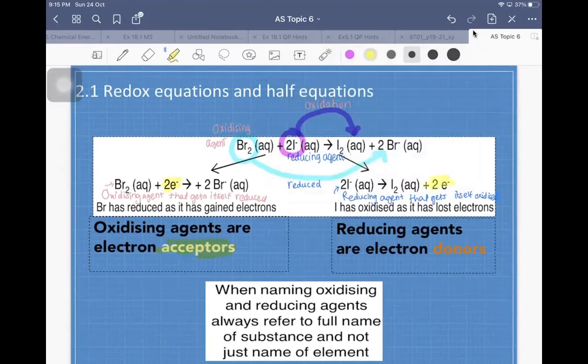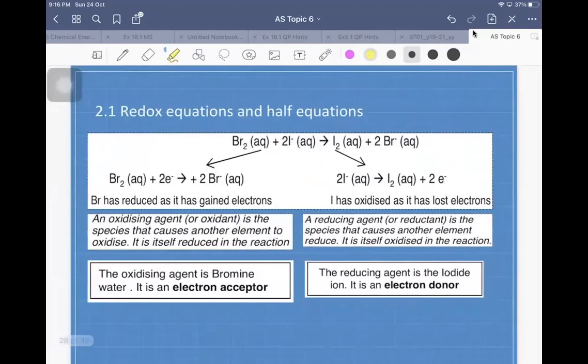Okay. Electron on the left side, you accept; electron on the right side, you donate. When naming oxidizing and reducing agents, always refer to the full name of the substance and not just the name of the element. So in this case, there's no example for this, but you just have to be specific with who your oxidizing agent or reducing agent is. Okay, so that's the point of that message.